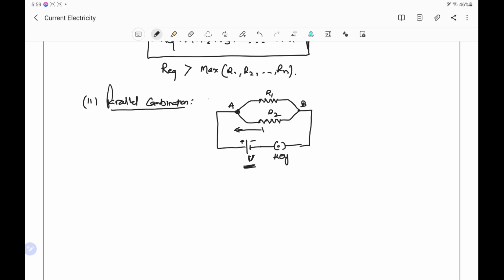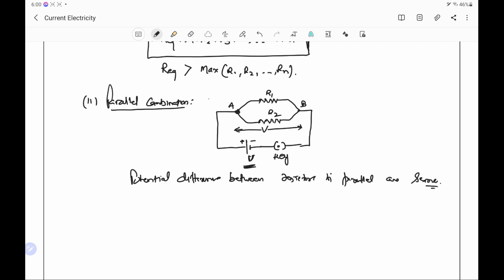Therefore, the voltage will be V across A and B. In parallel combination, we can say that the potential difference between resistors in parallel is the same. In series combination, current was the same through all of the resistors, while in parallel combination, the potential difference will be the same across all of the resistors.